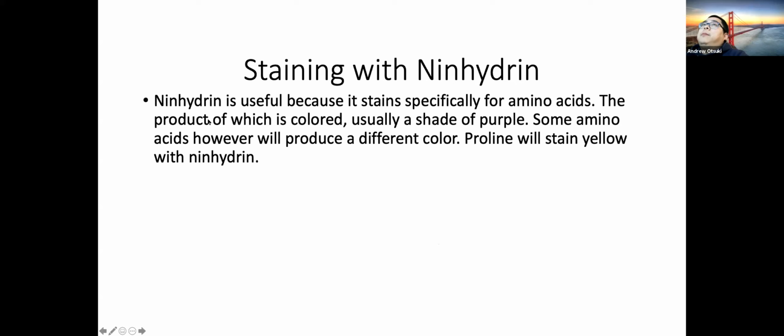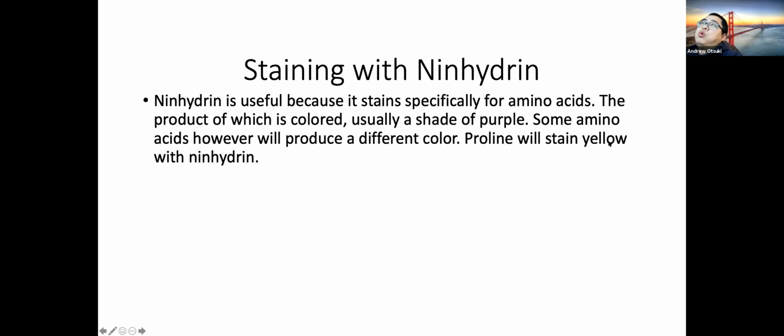The product of the reaction of ninhydrin with an amino acid is colored. It'll usually appear as a shade of purple, like dark purple, kind of reddish purple. But some amino acids will appear a different color. For example, proline, when stained with ninhydrin, produces a yellow color.